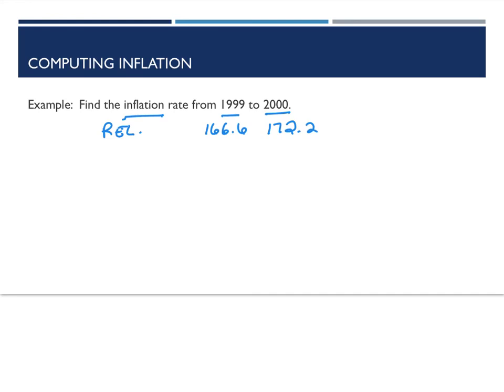Now, I can't find the relative change without first finding the absolute change. So the absolute change: the consumer price index from here to here went up. So I arrange my numbers so that when I subtract, I get a positive answer because it went up.